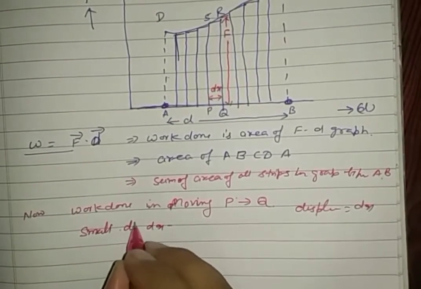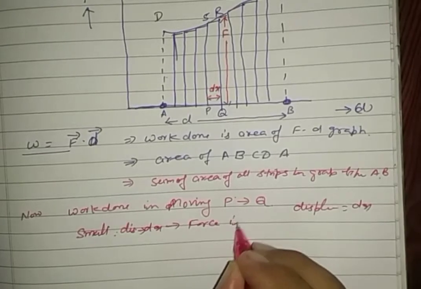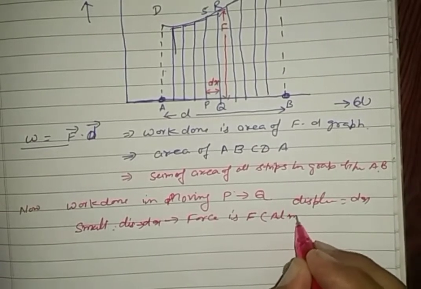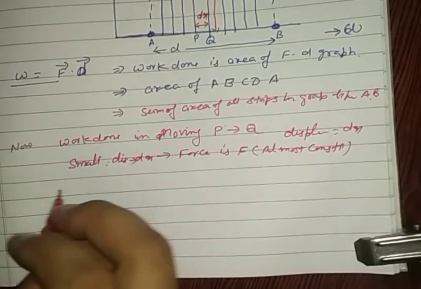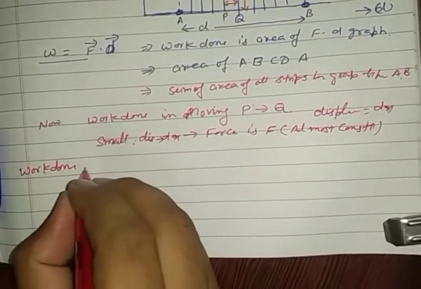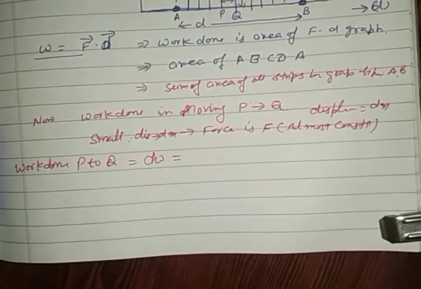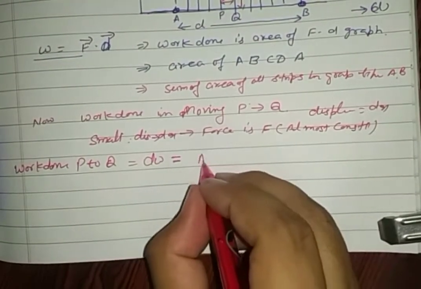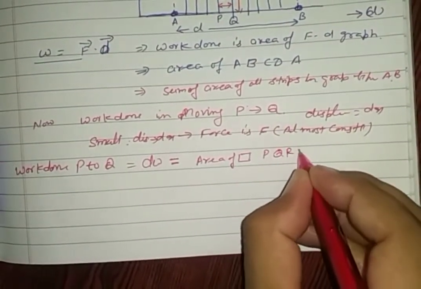For a small displacement dx, the force F is almost constant. So the work done from P to Q, let it be dW, is equal to the area of rectangle PQRS.